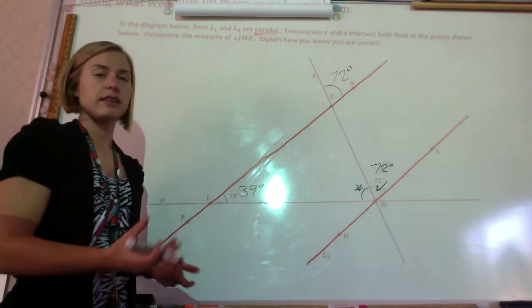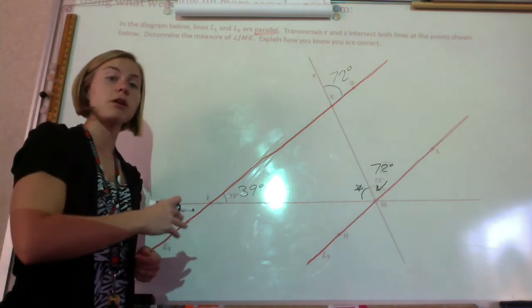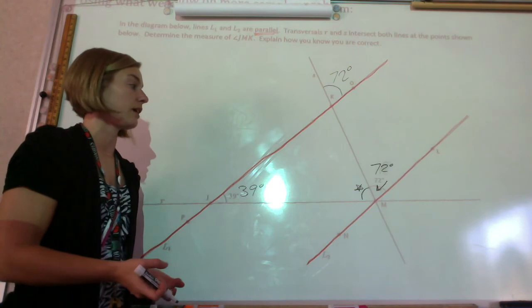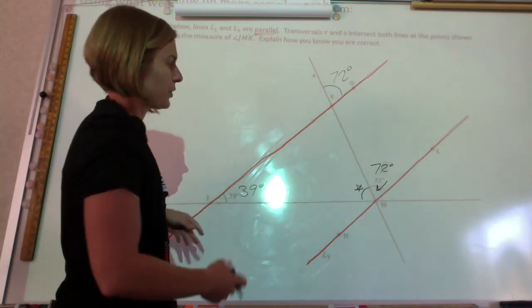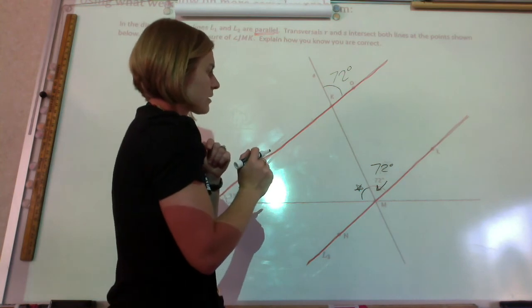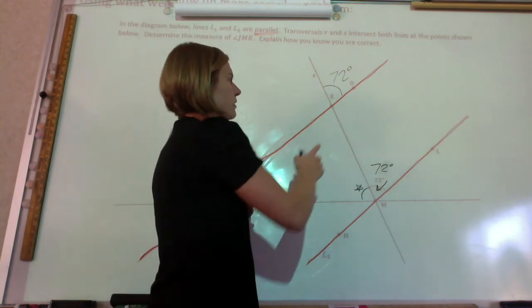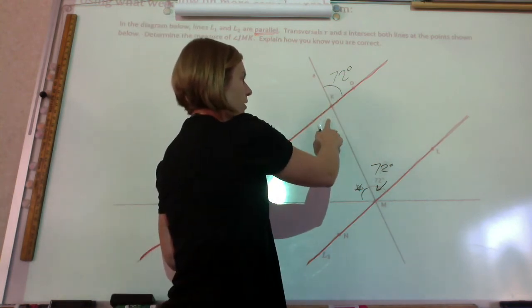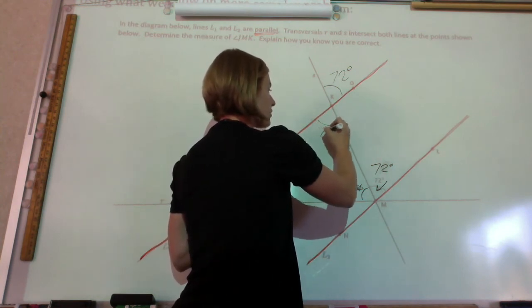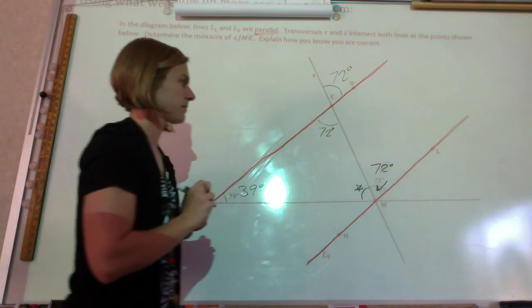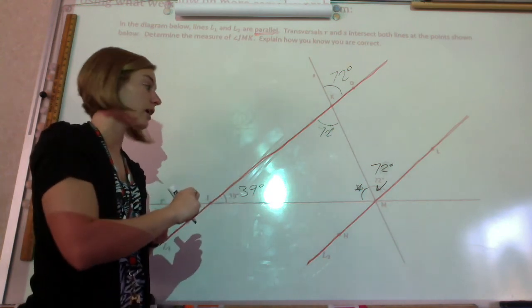And you might be thinking, well, okay, that doesn't help us that much. But we can keep going and just fill in as many angles as we can. So what else is 72? Well, when you have parallel lines, you also have that the opposite angles from a transversal are also the same. So this guy right here should also be 72 degrees. Oh, well, that's the other interior angle we need.